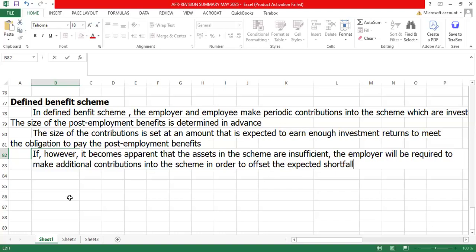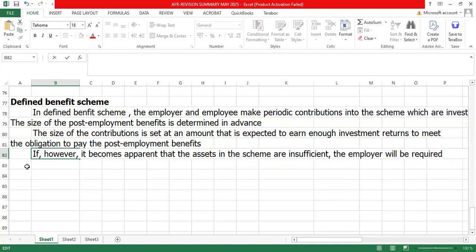You realize that at the end you might not have enough money to pay, then you must add some money in the fund.